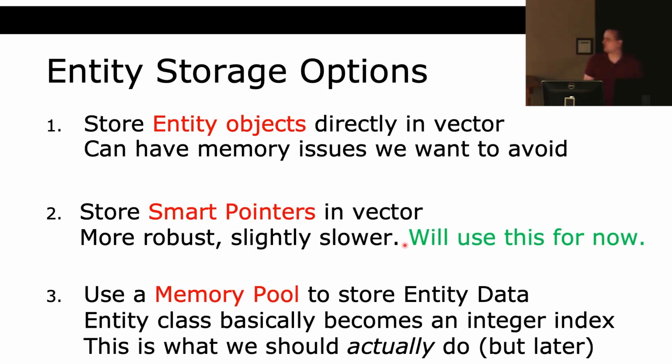And it turns out that the memory pooling stuff, that is what you would want to do eventually, because what it does is it's going to store all of this data in a huge array in memory somewhere, and the entity then just becomes an integer index into that array. So you can pass entities by value everywhere you want because they're essentially just an integer. They're so small.